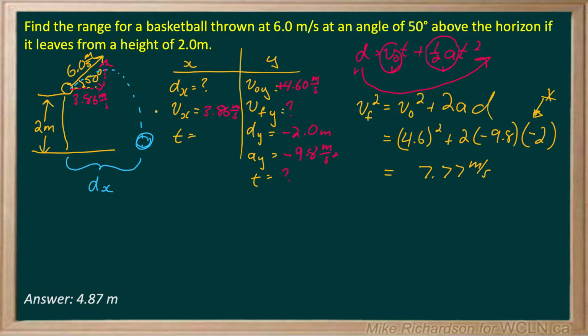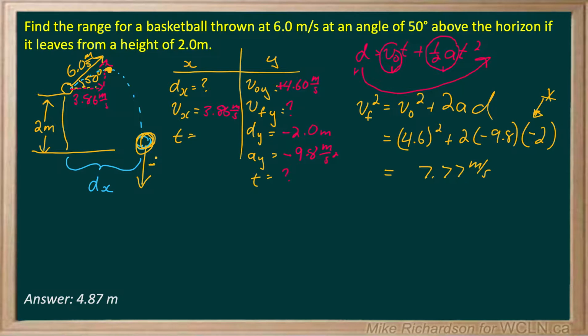Now, always go back to your picture. We're finding the y final velocity here. The y values are positive all the way up to here for the velocity, and that's where the y velocity is 0. And then it switches direction and gets bigger and bigger and bigger in the negative. So it's on its way down, obviously, when it hits the ground.